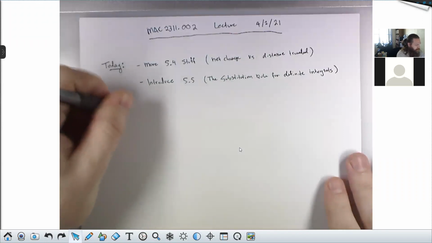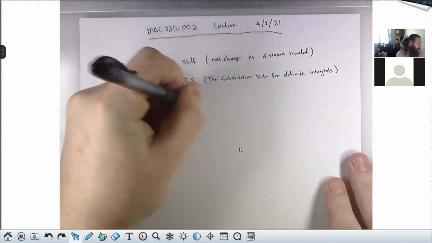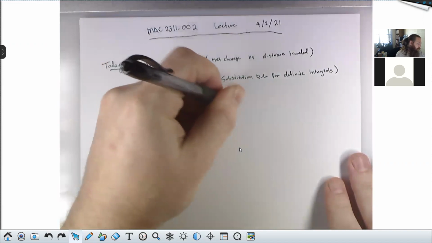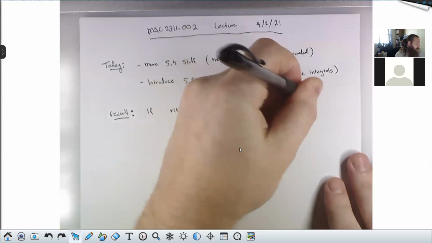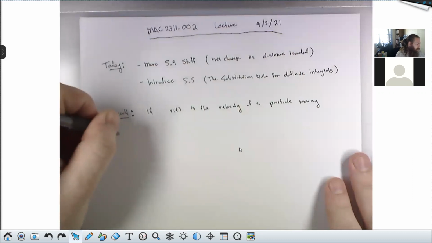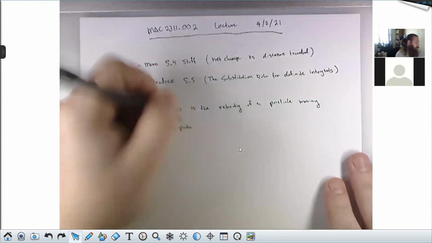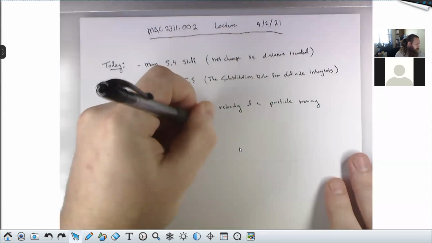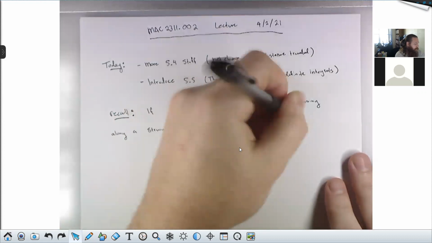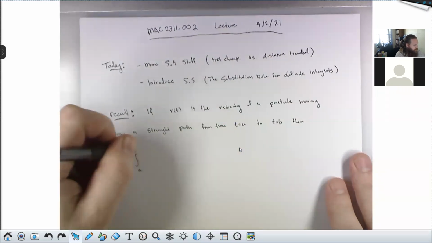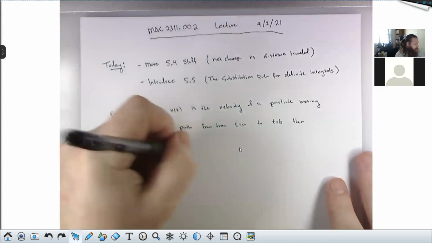Recall, if v of t is the velocity of a particle moving along a straight path, from t equals a to t equals b, then the integral from a to b of v of t itself is equal to the displacement.